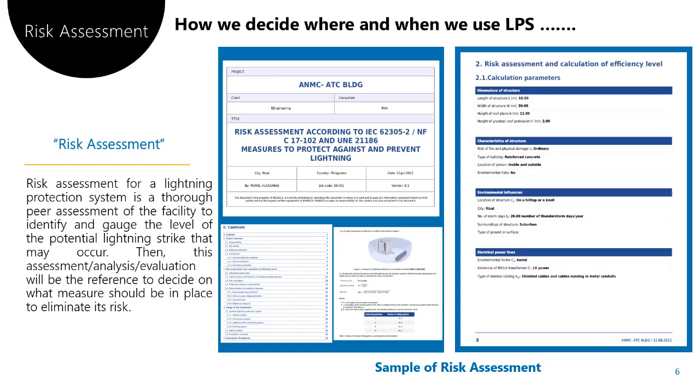A risk assessment needs parameters: dimensions of the structures, characteristics of the structures, and the environmental influence. With those, you could provide a risk assessment. The discussion of the risk assessment will be separate for the lightning protection system, so I created a separate video to discuss it.